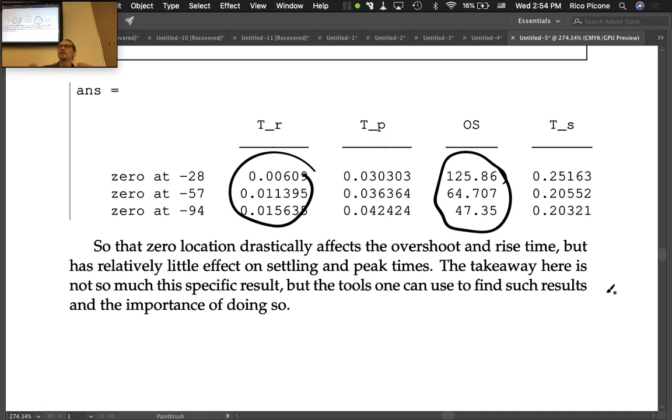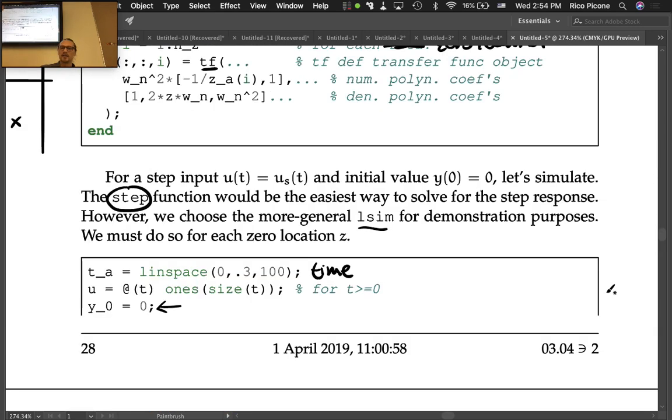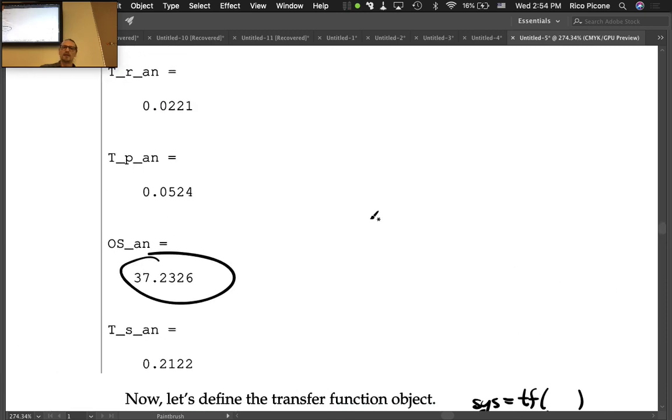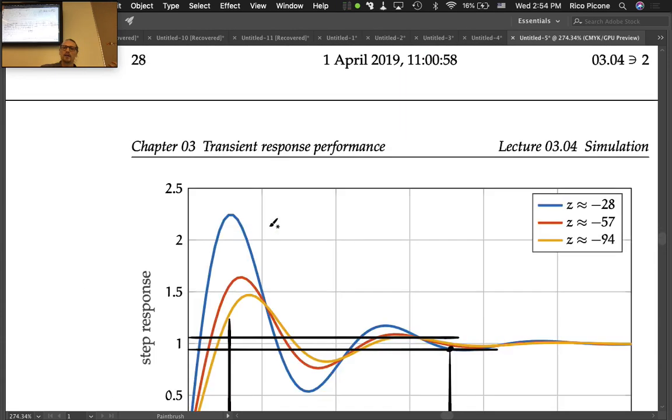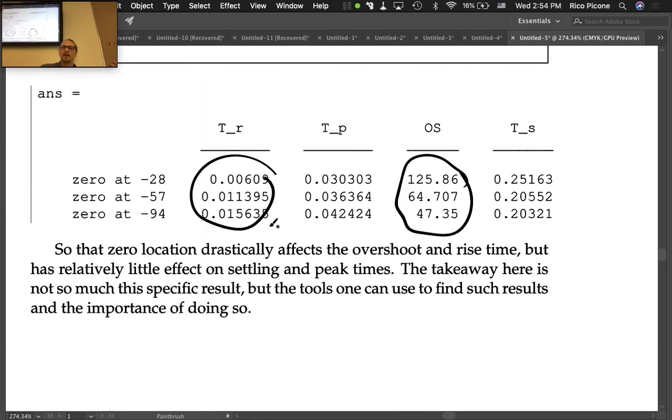So this second order approximation, they didn't do a great job. I mean, let's compare the other ones, 0.02, 0.05, for TR and TP.